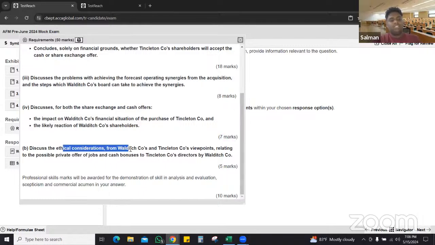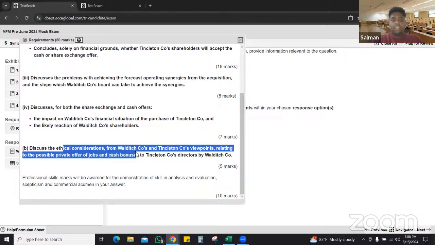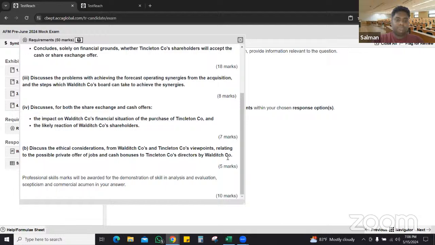Discuss the ethical considerations from Walrich company's and Tinkleton company's viewpoints relating to the possible private offer of jobs and cash bonuses to Tinkleton company's directors by Walrich company. Private offer of jobs and cash bonuses to the subsidiary's directors. So it's a private offer of jobs. Ethical consideration. Financial consideration is good.